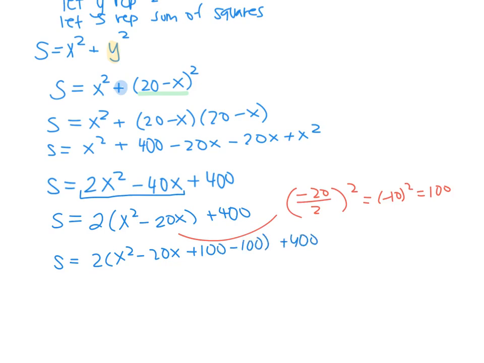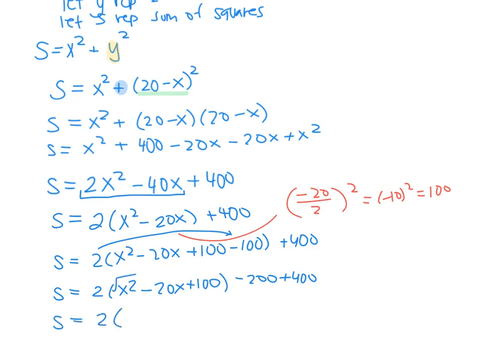Now this negative 100 is useless, so I'm going to multiply it by 2 to kick it out. So that we have negative 200. Now I can finish this off by factoring the perfect square trinomial. So x minus, because of that negative 20, 10 squared. Collect my like terms at the end, and here we are.